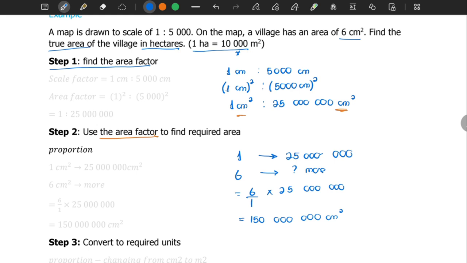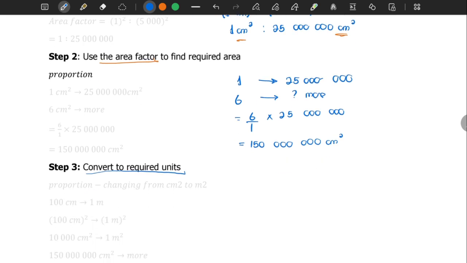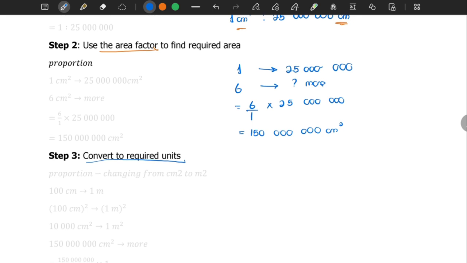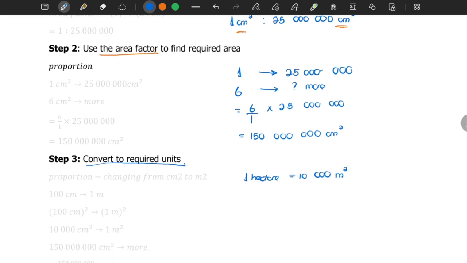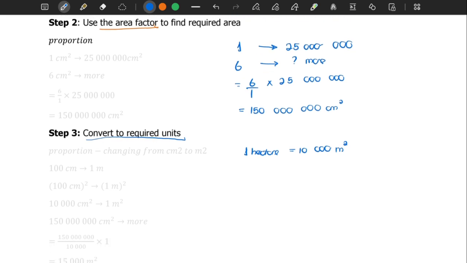Now we have to convert to the required units. We were asked to give it in hectares. So again, hectares, knowing that 1 hectare is 10,000 meters squared, right? We need to know how many meters squared there are. We first need to convert to meters squared.